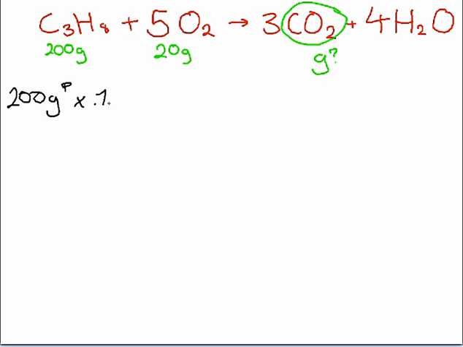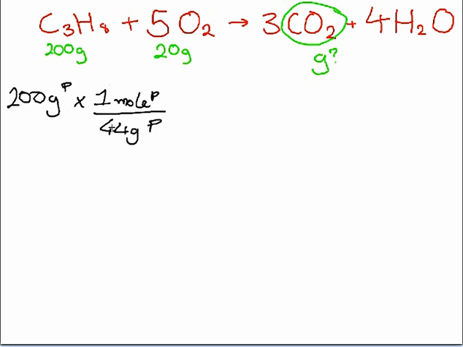times 1 mole of propane. Okay, and then here you need to put the molar mass of 1 mole of propane. So, using the periodic table, and I already did that, so that's 44 grams of propane. Okay, yeah, so remember this from the type 1 method.